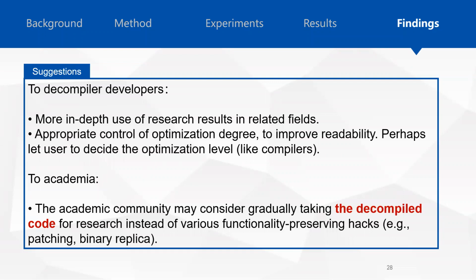Perhaps users should be allowed to decide the optimization levels of decompilers to improve readability. And the academic community may consider taking the decompiled code for research instead of various functionality-preserving hacks.